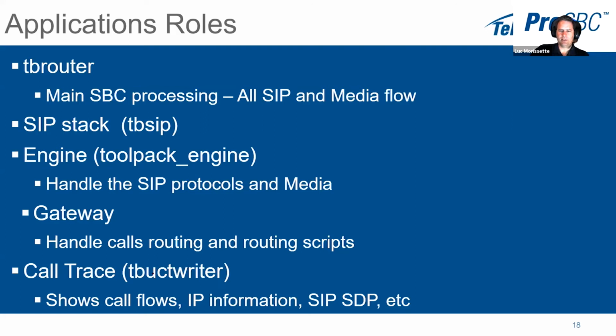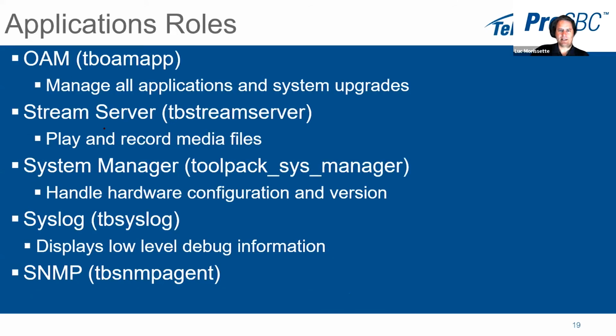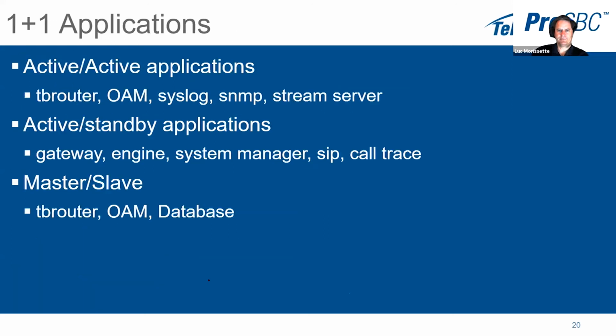UCT is unique call trace, and writer means that it writes into a file. Like I said, stream server is for playing and recording media files, and the SNMP application is called TB SNMP agent. Just for your reference.